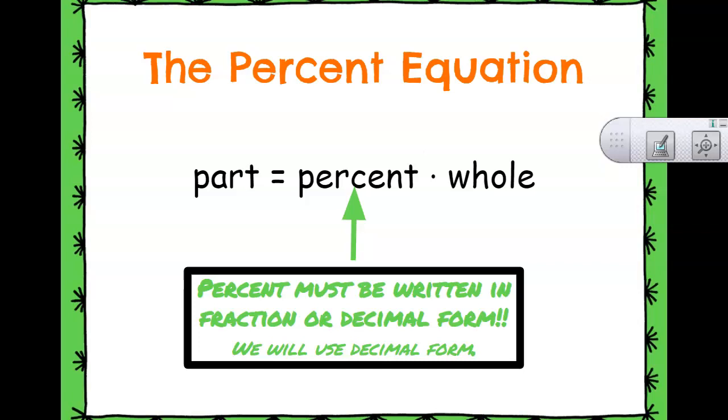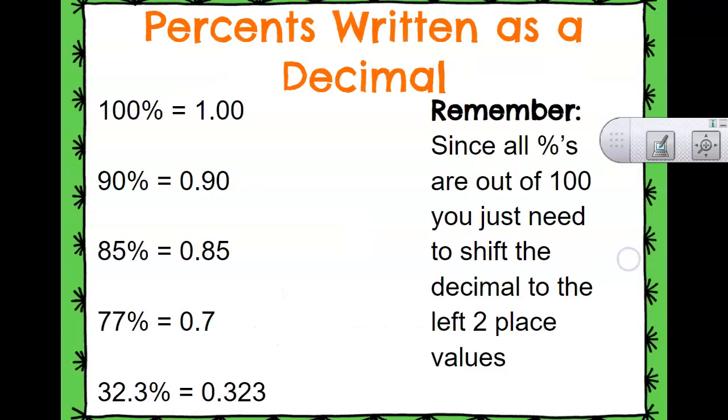So let's recap. How do we change a percent to a decimal? Well, if you recall, to write a percent as a decimal, we take the percent and put it as a fraction out of 100. When we put it as a fraction out of 100, that means we are dividing by 100.